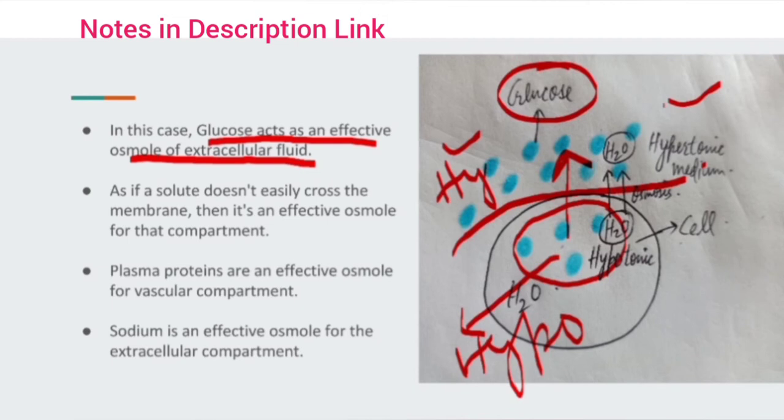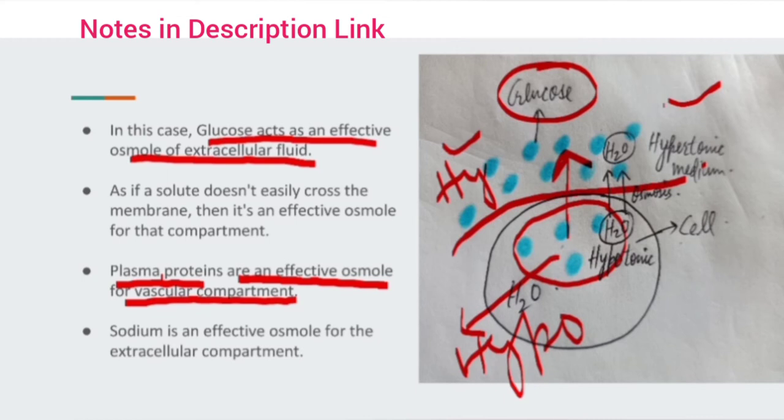In a normal situation, as I discussed in my previous lecture on body fluid distribution, plasma proteins are an effective osmole for the vascular compartment. Plasma protein is a large molecule, so it cannot move from the vascular compartment to the interstitial compartment.